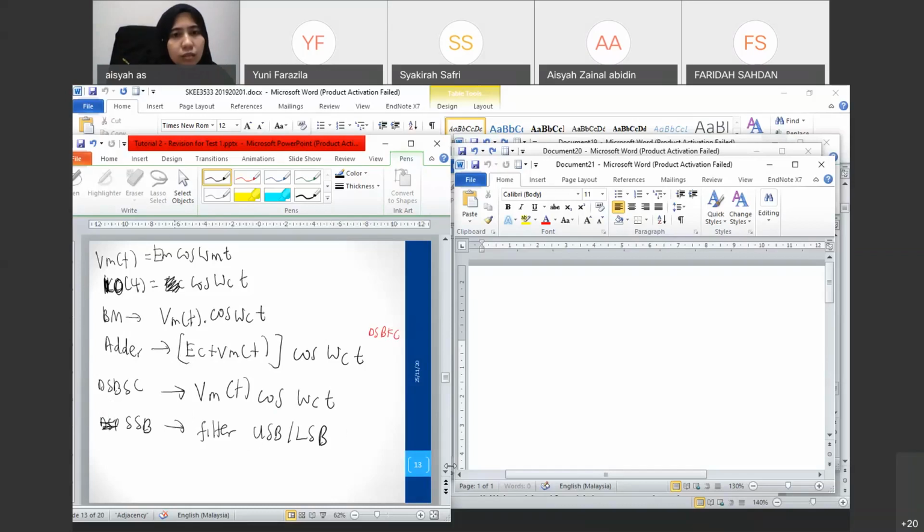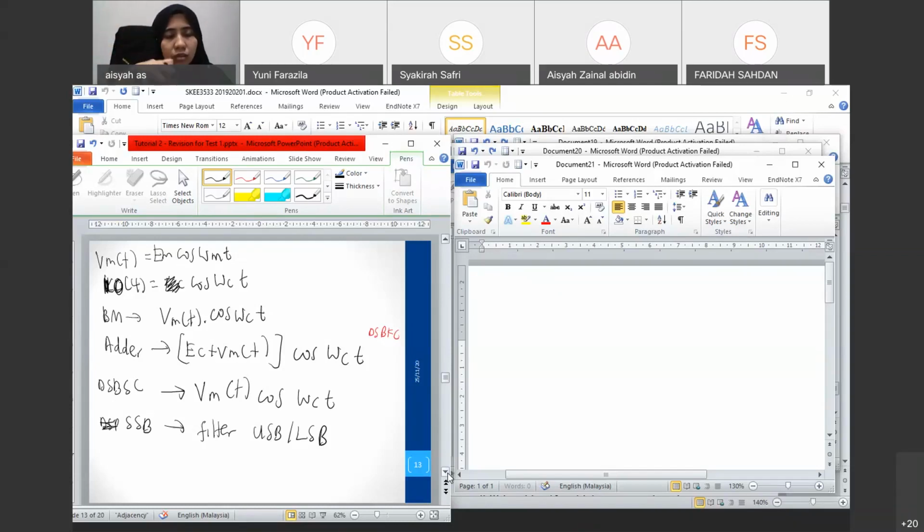Okay, this is the first question, the A question, for the block diagram of the balance modulator. You need to understand the function of the balance modulator is to mix both, which means multiply both signals. So mathematically it is multiplication.